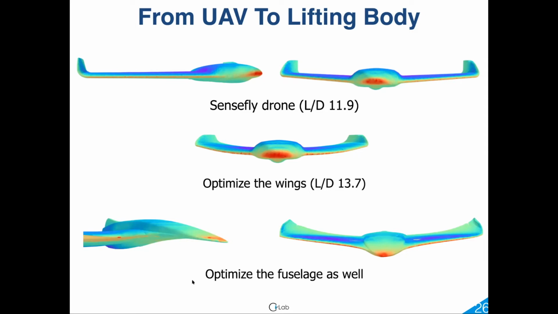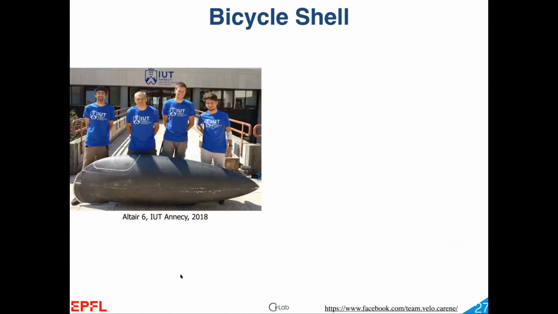So not only the wings, but also the fuselage, so that it's even better. So of course, there's a constraint. The fuselage still has to contain all the onboard electronics and the autopilot and the engine and everything else. But under these constraints, we can further improve the behavior. And so this was the simulation.